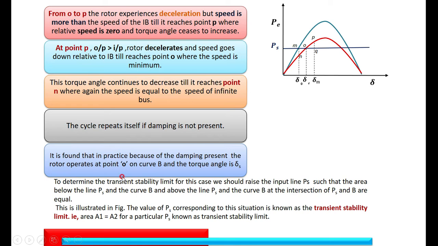Then what should be the transient stability limit? Here I told you the area MON is equal to area OQP, then A1 is equal to A2.